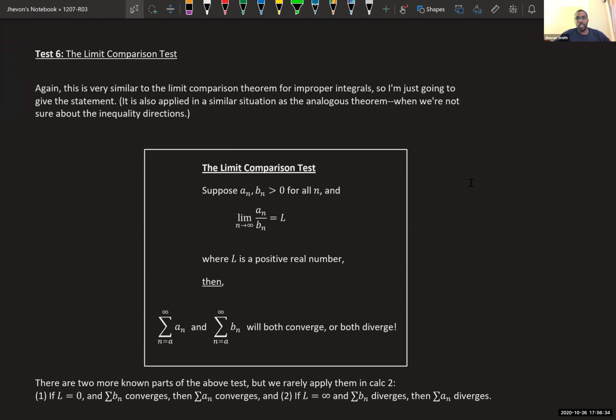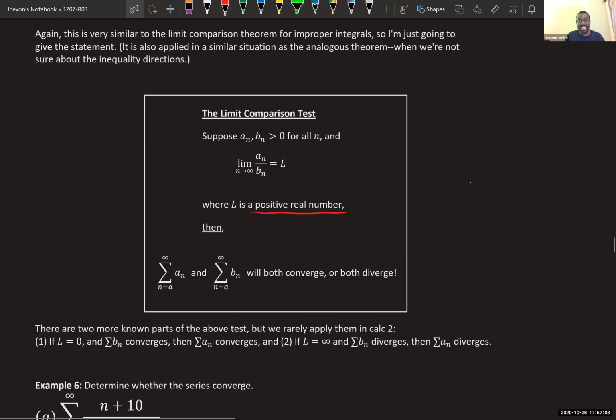So we are going to continue with another comparison, which is again very analogous to the kind of comparison that we had for improper integrals, right? If I had two sequences, a_n and b_n, they're both positive for all n, and I take the limit of their ratio and I get a positive real number, then the series of a_n and the series of b_n will both converge or both diverge.